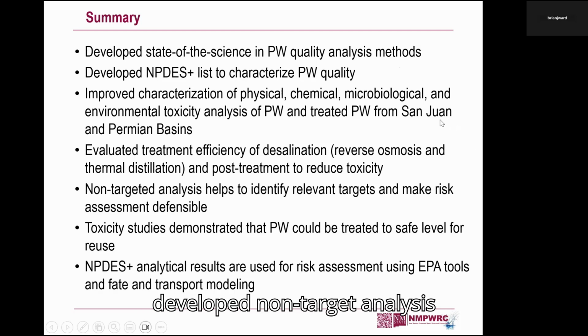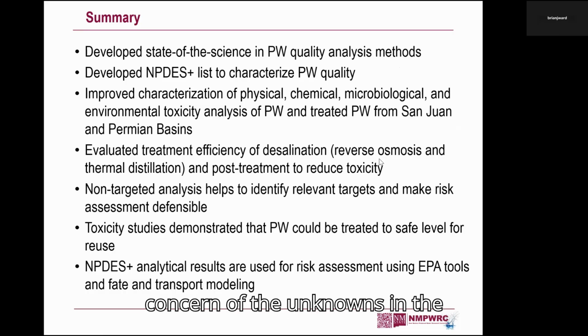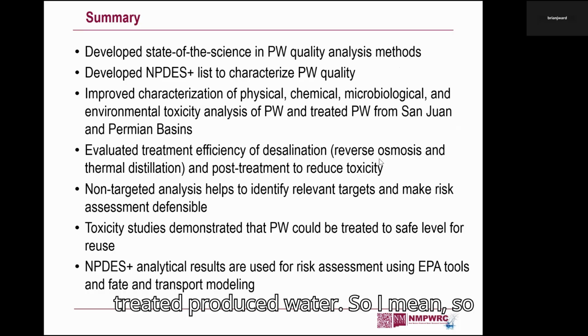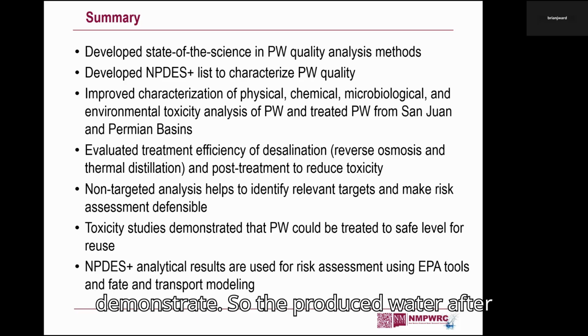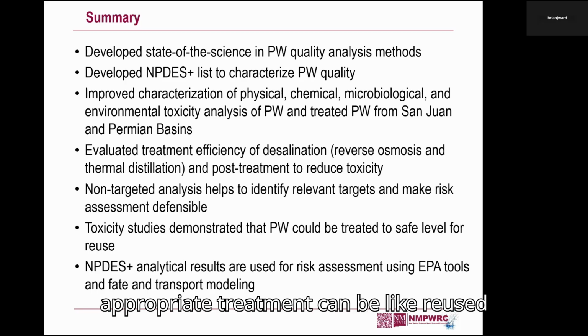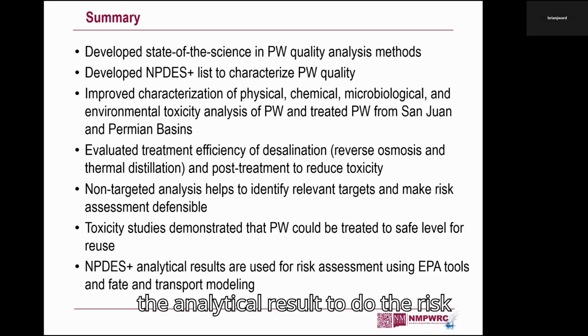The developed non-target analysis methods can help us address the concern of the unknowns in the treated produced water. So far, all the toxicity results demonstrate that produced water after appropriate treatment can be reused safely, or has the potential to be used safely. We're also using the analytical results to do risk assessment.